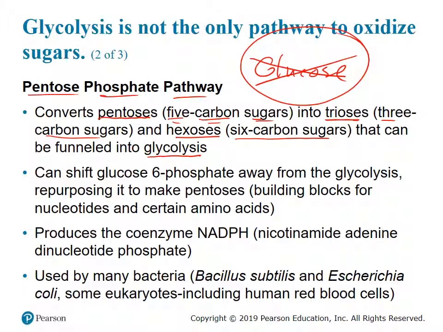So because of that, they have engineered this over time through evolution so that they can take other sugars other than glucose, like pentose, and still convert it into a 6 carbon sugar, and still use the process of glycolysis. Remember, the process of glycolysis can only start because it has the enzymes made to convert those steps, that 10-step process. Okay?